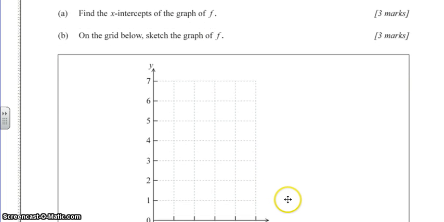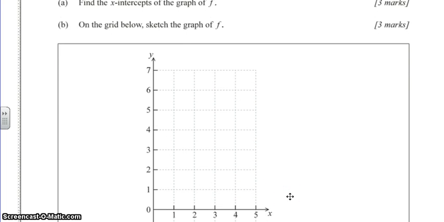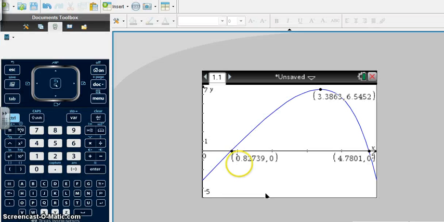So what I would do is get my pen, 3.4-ish, 6.5. I'm going to make sure I go to that point there. The zeros we had were just before 1 and just before 5, so we get those.